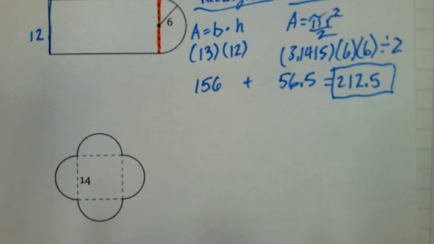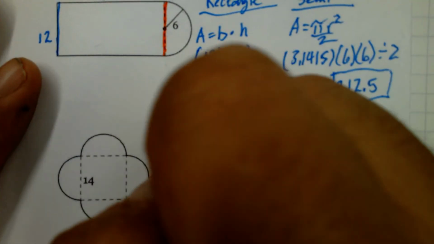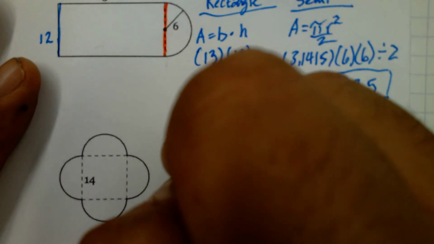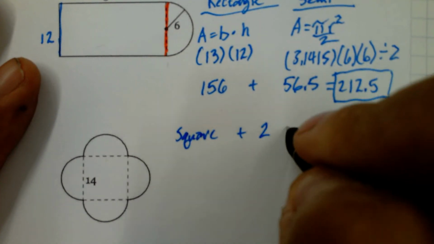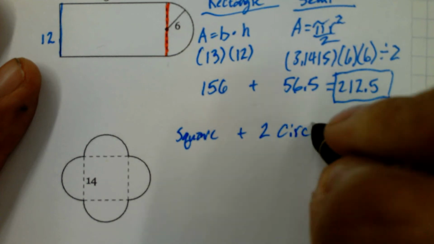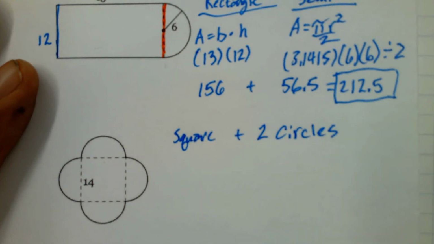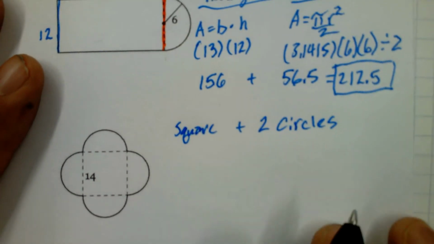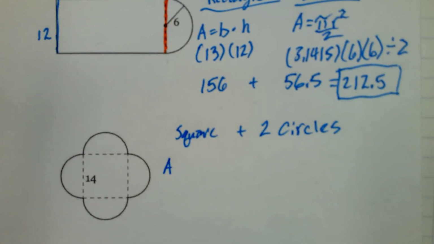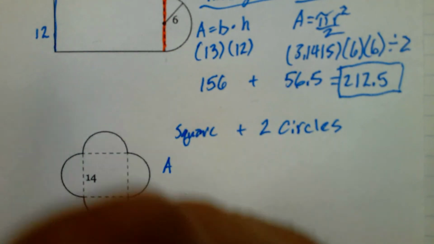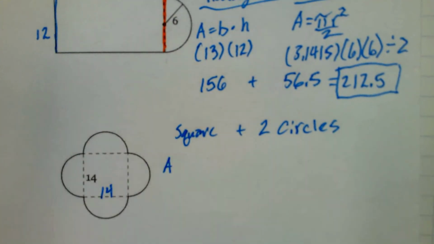Okay, let's do it. So we have a square, and then 2 circles. Squares are actually easy. It's base times height, but what's the base and what's the height of a square? 14. They're all equal, so it's 14 times 14.